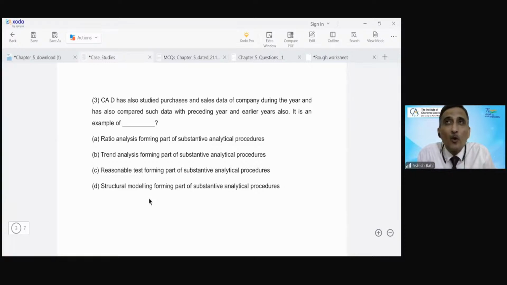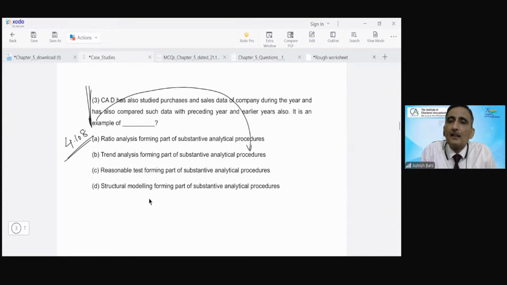It is 4.108. So if you turn over to page 4.108 in your module, you would see the similar example given in trend analysis. So you have to understand the distinction between ratio and trend analysis. Clear?